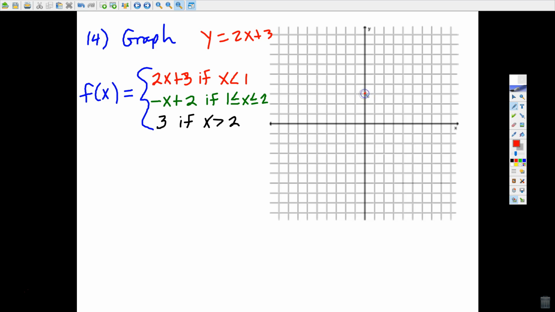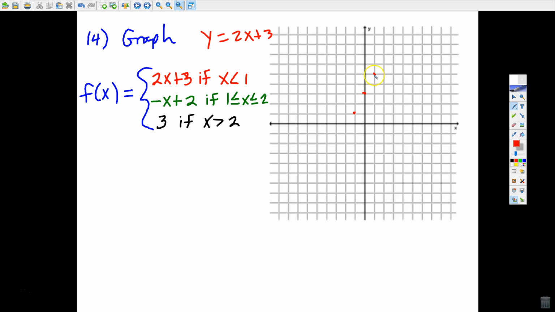Okay, start at 3. And then, okay, up to right 1. I'll go ahead and do down to left 1. All right, and apparently we're not going to show that entire line. We're only going to show the line for x is less than 1. So this would be the entire line, but if we're only going to restrict it for x is less than 1, well, here is where x is 1 on the line.